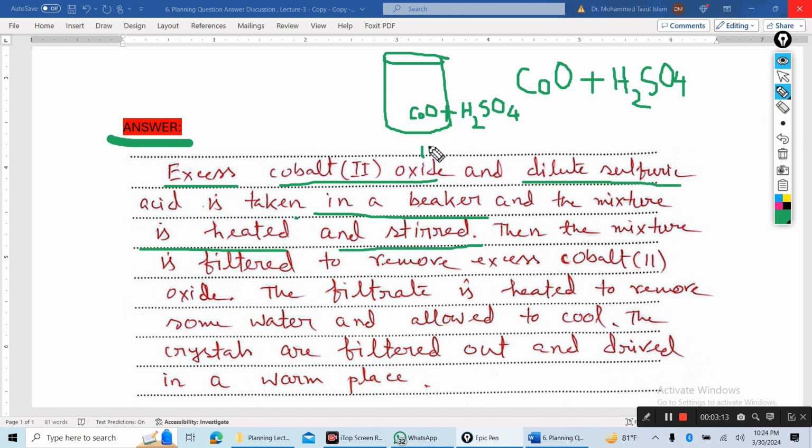You will give heat. After heating, you will see cobalt(II) oxide dissolve in sulfuric acid, and cobalt(II) sulfate salt and water will form.